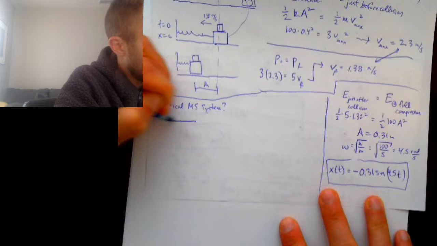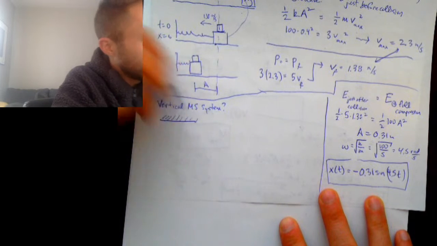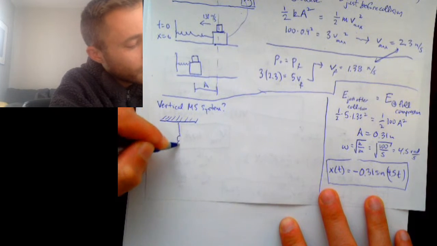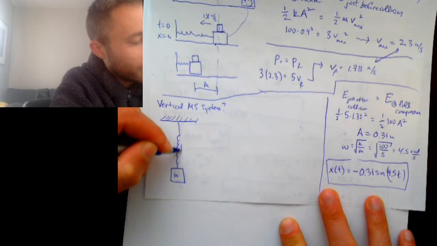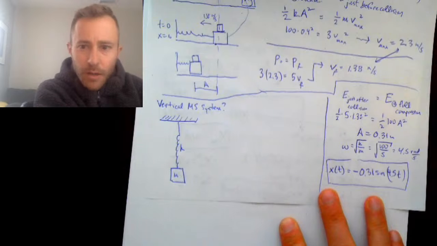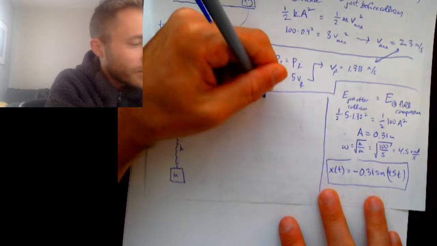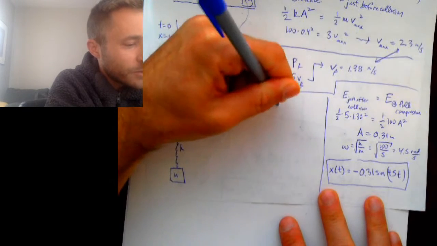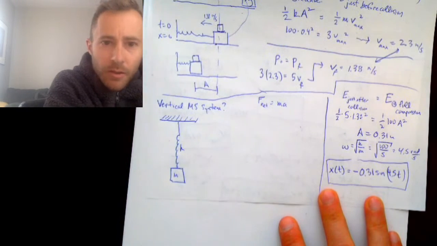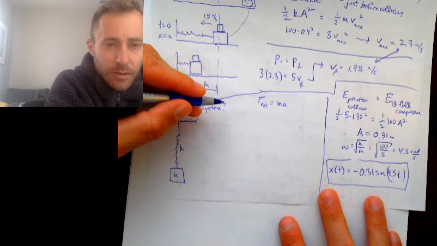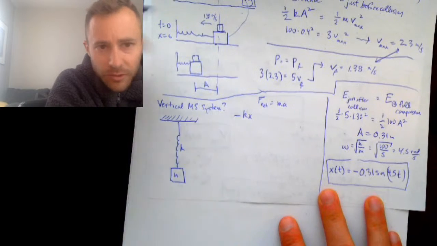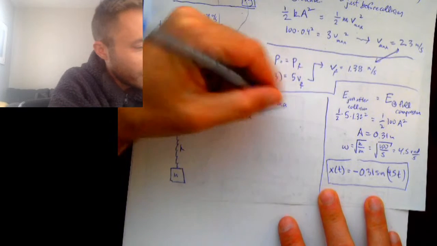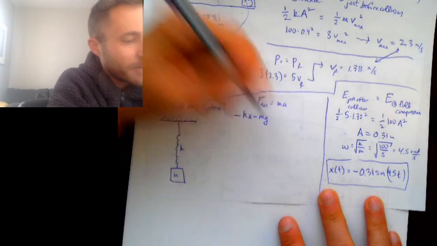So we have a mass that's attached to a spring of stiffness k. Our Newton's second law in that case is going to be net force equals ma. The net force is elastic force minus kx, or you could say minus ky if you wanted to, and gravity.